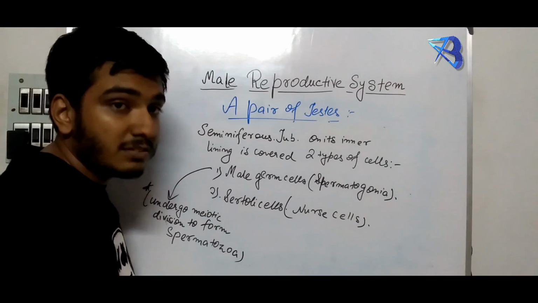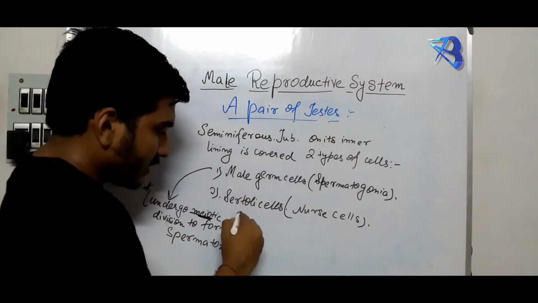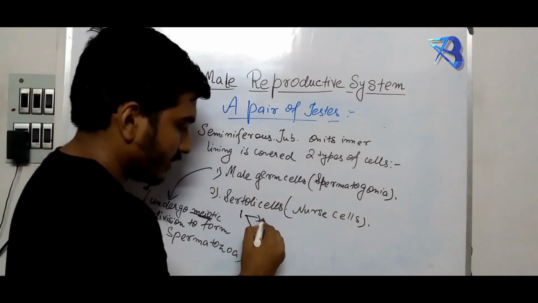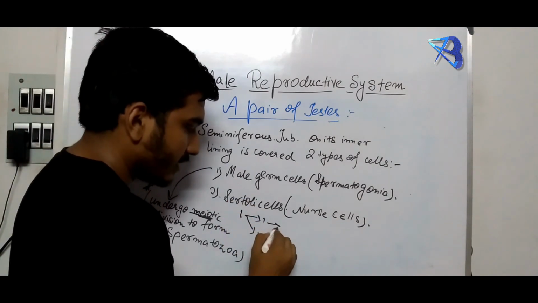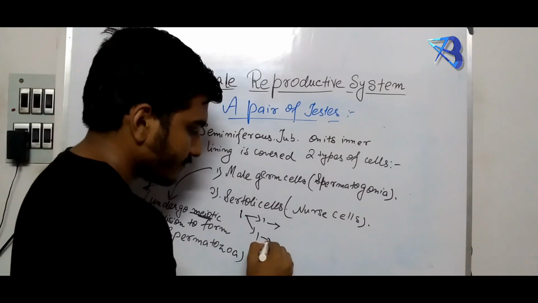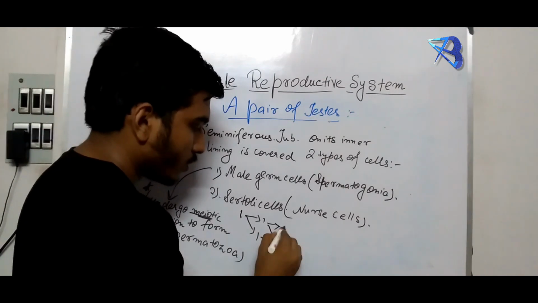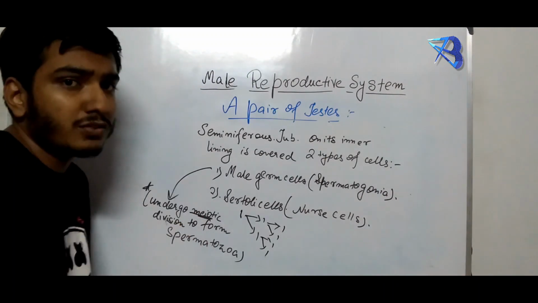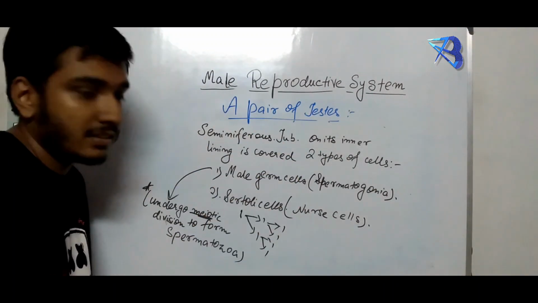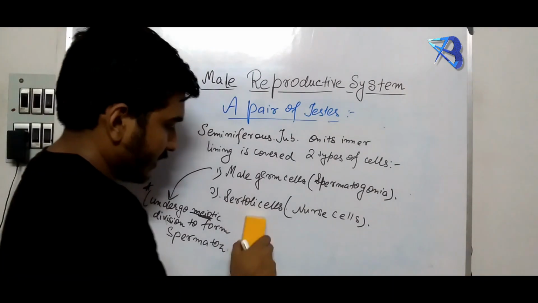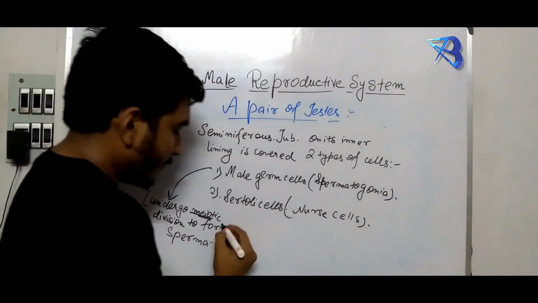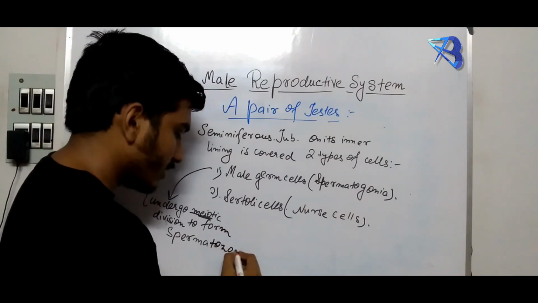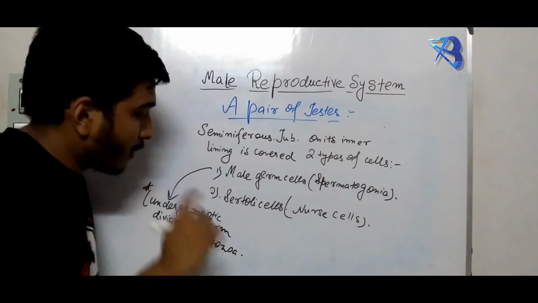Now what is the meaning of meiotic division? One cell divides twice. First it divides, then another time it divides to form a total of 4 cells. This is known as the meiotic division. This whole process of spermatogenesis we will discuss in later videos. So the male germ cells undergo meiotic division to form spermatozoa.